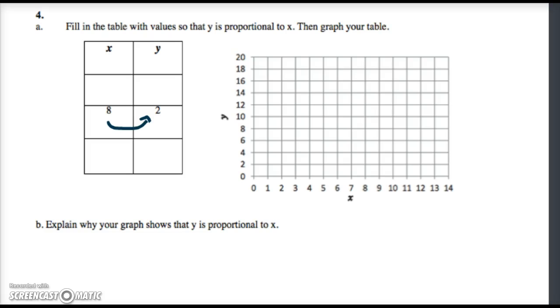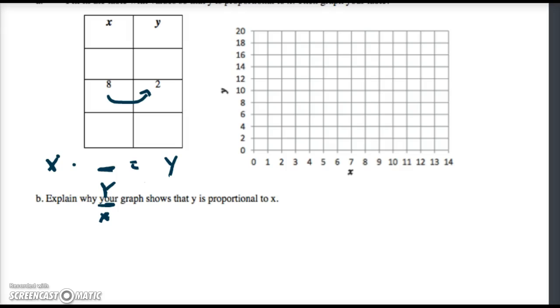So a question we're thinking about is x times what equals y. So think about that number. What is the constant? And then we go from there.